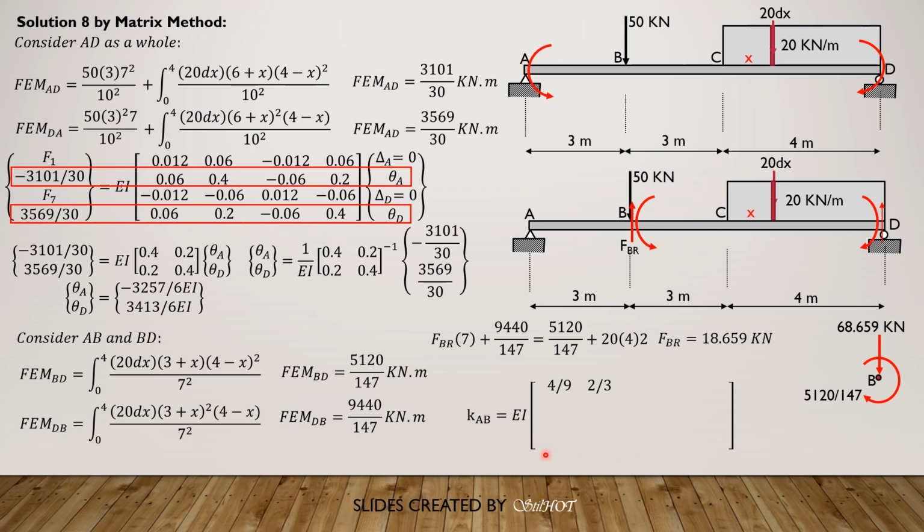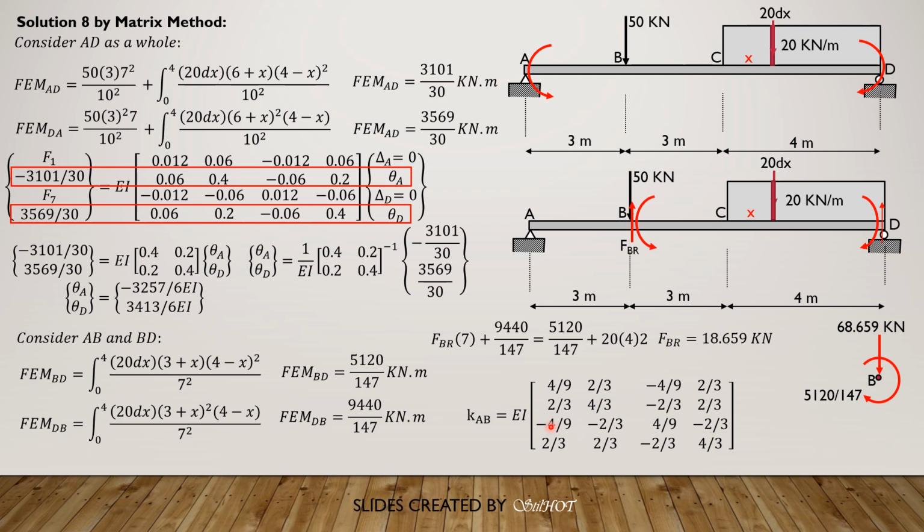So KAB is equal to 12 over 3 cube, and that is 4 over 9, 6 EI constant over 6 over 3 square is 2/3, then the negative of the first, then copy the second, then 6 EI, 1 over 3 square is 2/3, then this is 4 times 1 over 3 over L, 4 EI over L. This is the negative of 2/3, then this is 1/2 of 4/3.